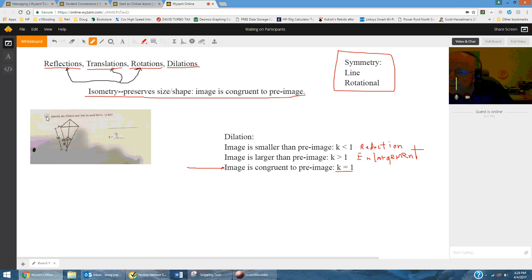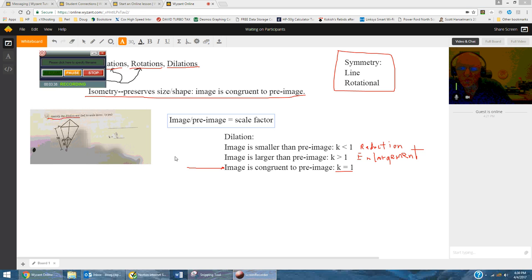Okay, so in problem number 15, we're to identify the dilation and find its scale factor. I'm sorry, I said that wrong. Let me pause this video.